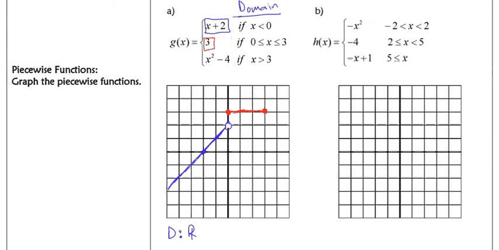And then the last portion, we'll do here in this green color, and it's x squared minus 4. If I plug in 3, where it starts, I get 3 squared is 9, 9 minus 4 is 5, open circle there at 5.